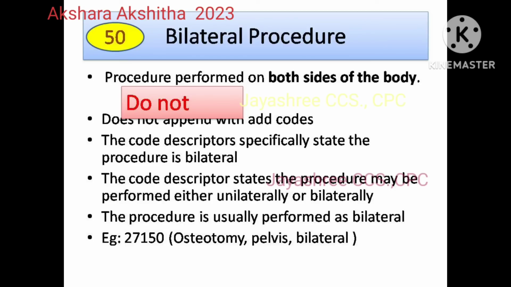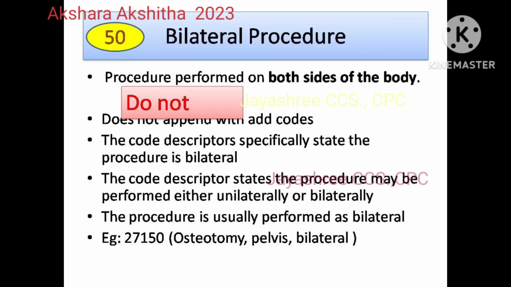Then, if the word bilateral itself is there in our CPT description, we should not append the 50 modifier. So the first point is that to add-on codes we should not append the 50 modifier, and if the word bilateral is in the description itself, then we should not append it.